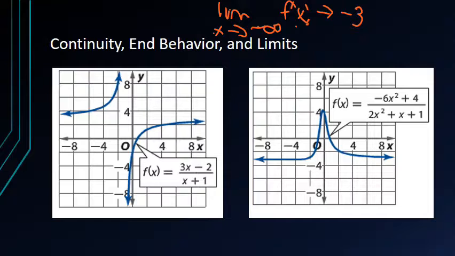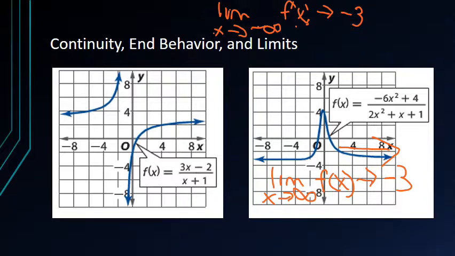So I'm going to scroll back down my table, and I'm moving in the positive direction. I'm moving towards infinity. And I can see here, when x is equal to 10, y is equal to minus 2.83, rounding to the hundredths digit. And so then I can determine that my limit as x is approaching positive infinity, the limit of f of x in this graph is also approaching negative 3.